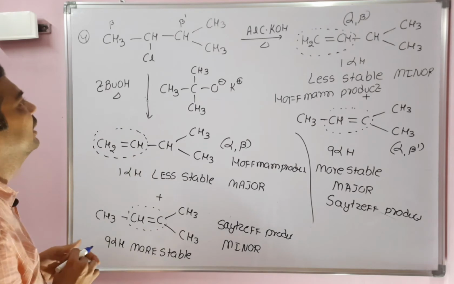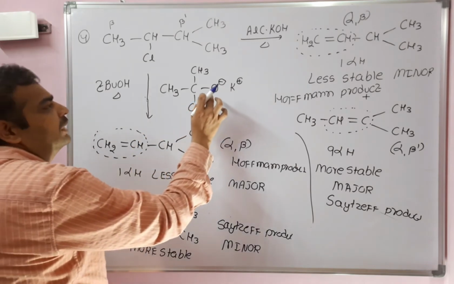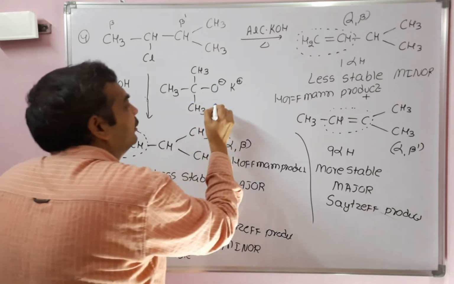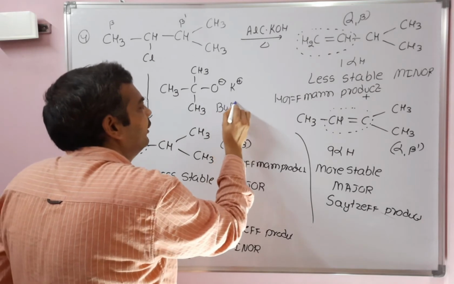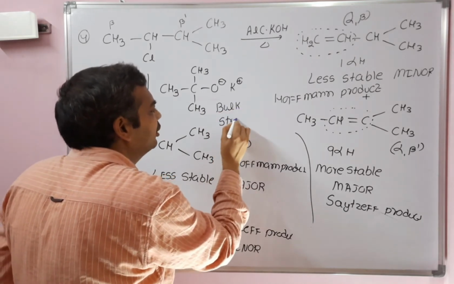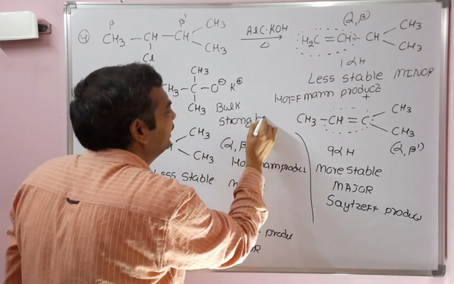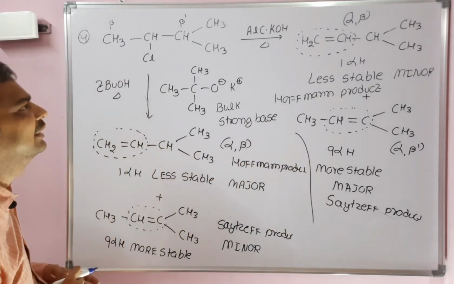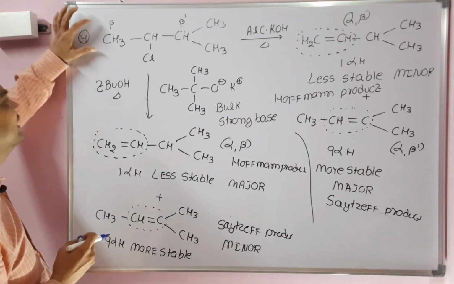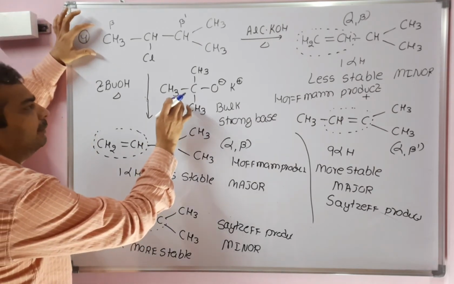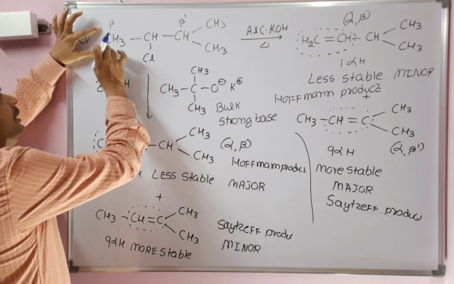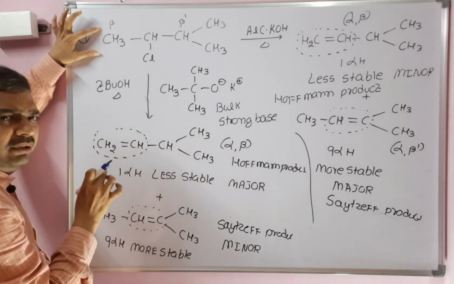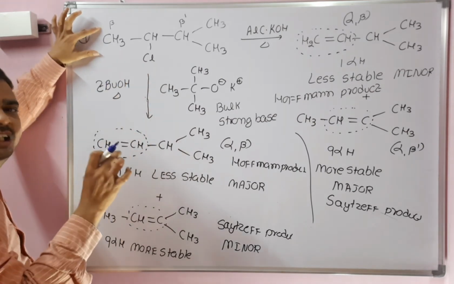Why? The reason for this is the bulky strong base. In the case of a bulky strong base like potassium tertiary butoxide or triethylamine, the bulky base abstracts a hydrogen at the beta carbon where it is sterically less crowded.